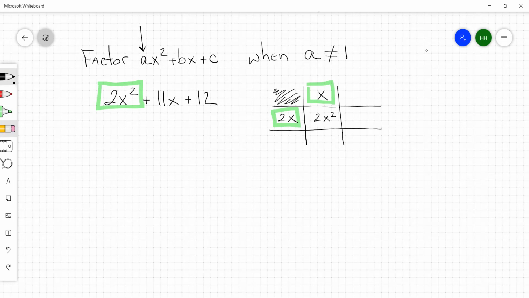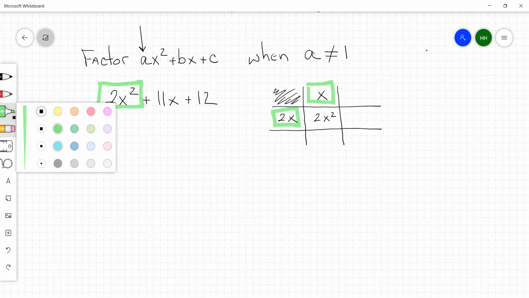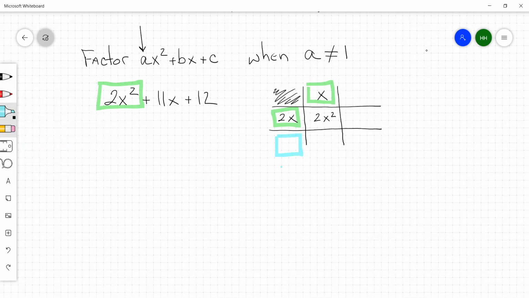Now, here's where you have to do a little bit of forward thinking. You're looking for this and this. These two values in the blue box have to multiply to positive 12.